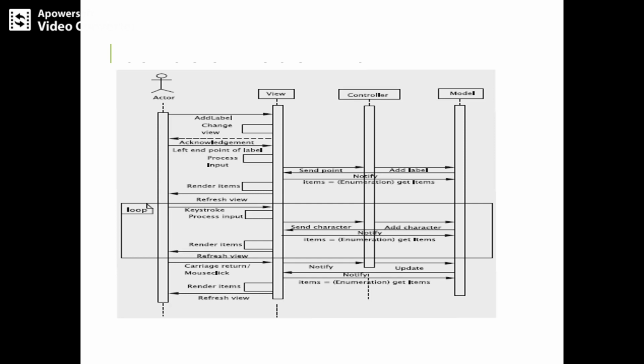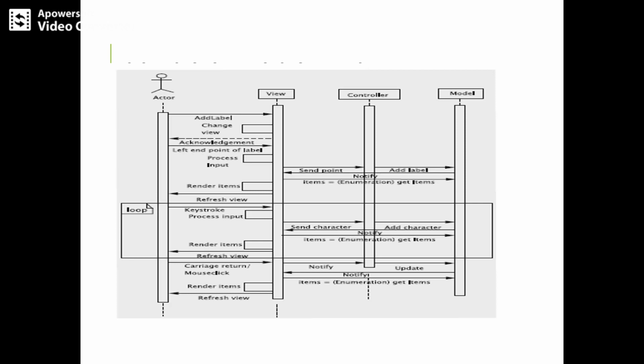Similarly, this loop is going to continue until the end of all the add labels, for the number of characters that appear in the labeled text. That we can call a keystroke: send a character, add a character. Similarly, items equal to enumeration, get items, so that all will be stored in the model. Then followed by rendering the item, refresh the view.